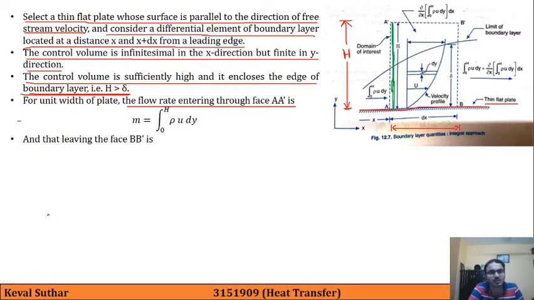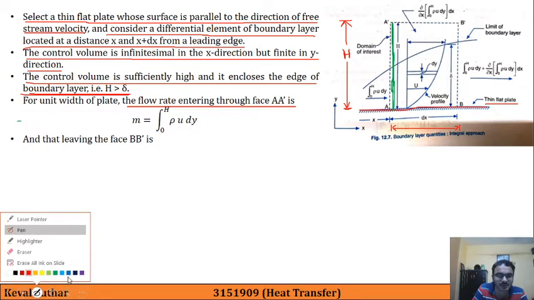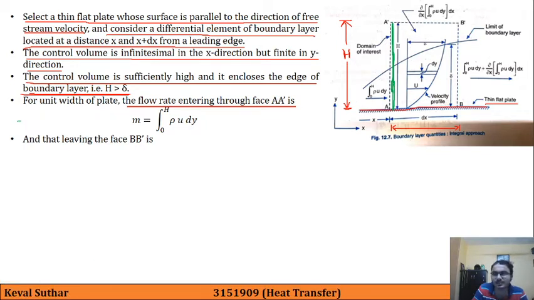Now the flow rate which is leaving the face B prime B, that is over here. Now we are discussing the second face, which is on the right hand side.